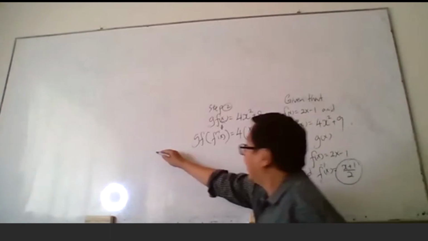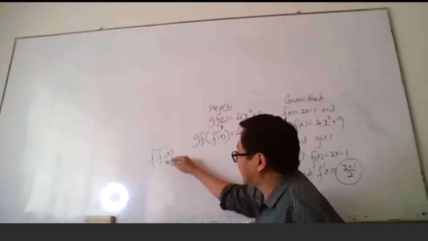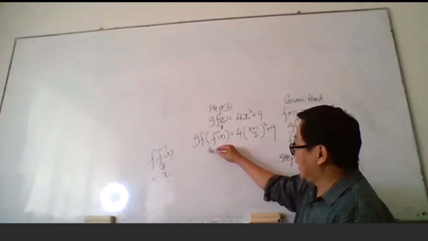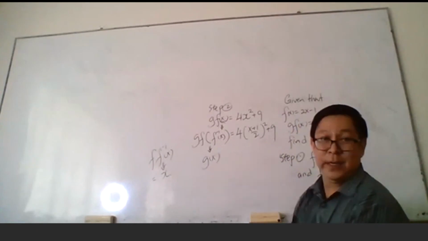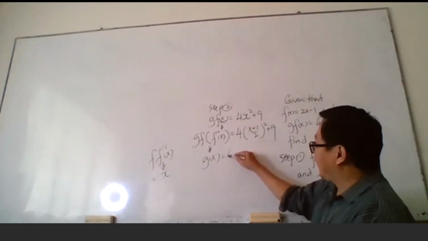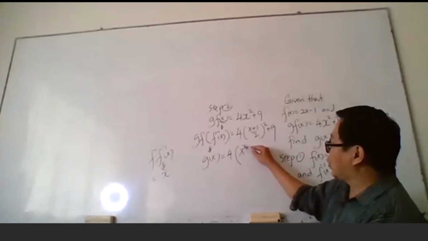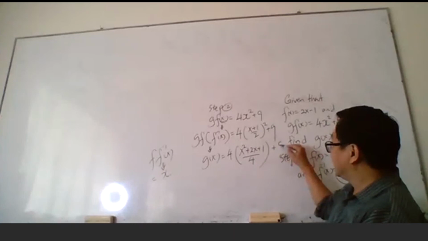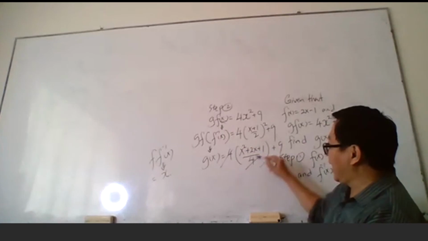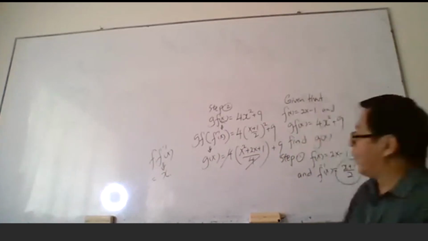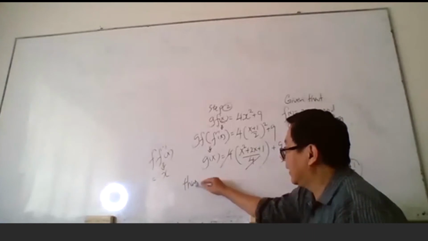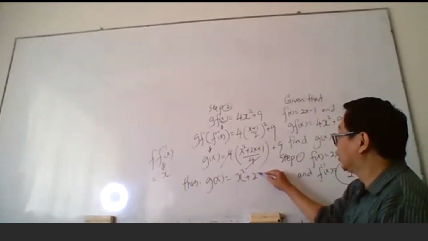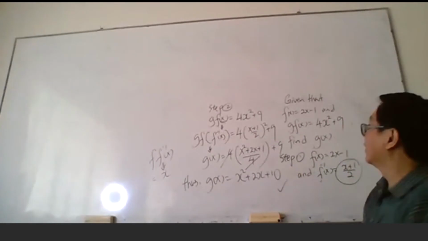And as I said, f inverse x will come to x, right? So here you just put g(x) only. And the 4 remains, I will expand: x squared plus 2x plus 1 over 4, and plus 9. And I will cancel off the 4. And finally g(x) will be x squared plus 2x plus 10.